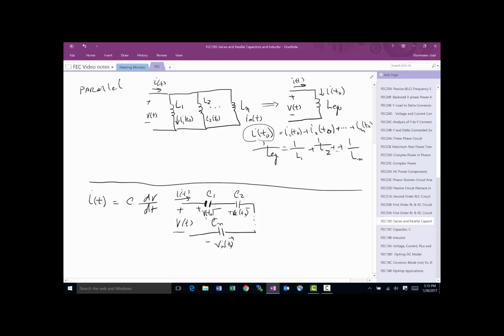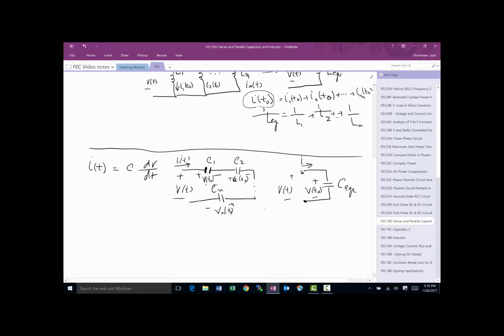Now what you have to pay attention to when you come over here and do an equivalent, C equivalent, is that you have to calculate the initial condition for this, which is V at time t0, in addition to the C equivalent that you have to calculate. So that's called the initial condition. That's just variable over time.